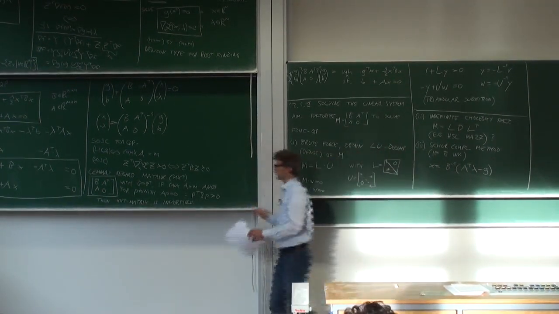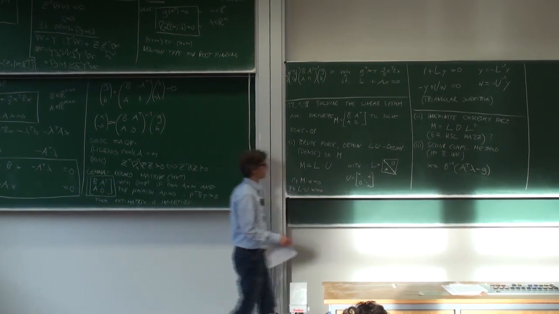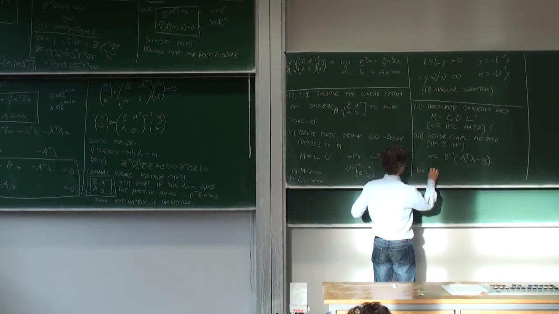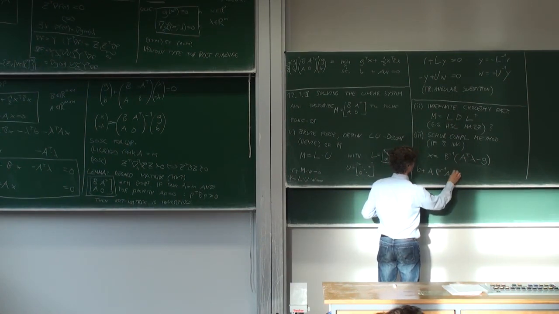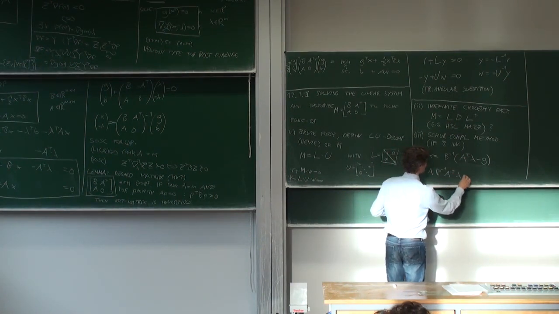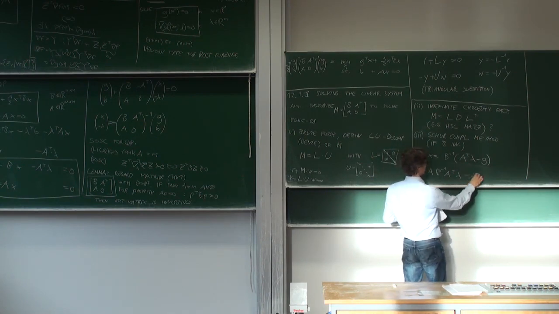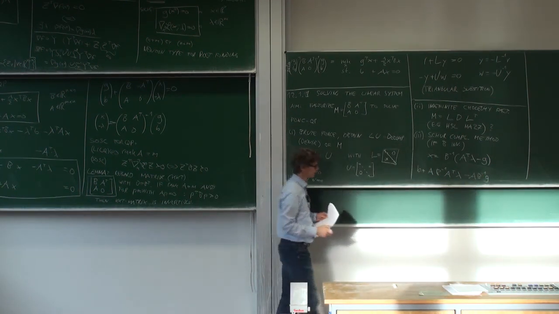If we plug this x into the second equation, we get a system which says A B to the minus 1 A transpose lambda minus A B to the minus 1 G equals 0.